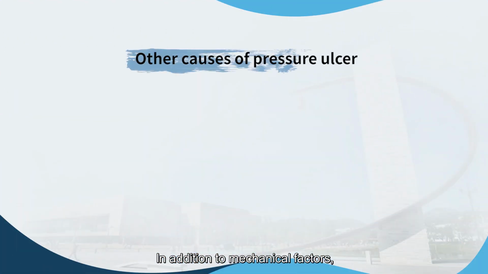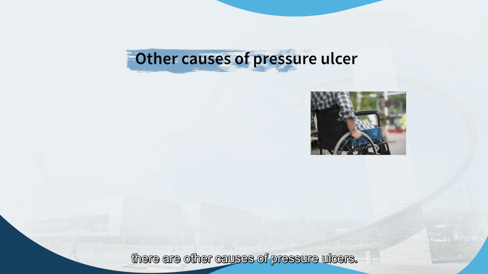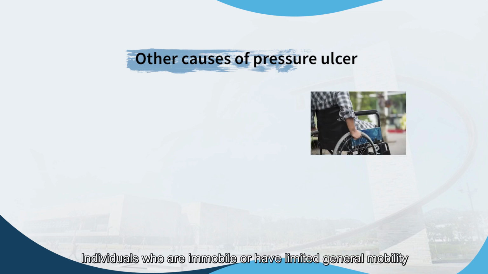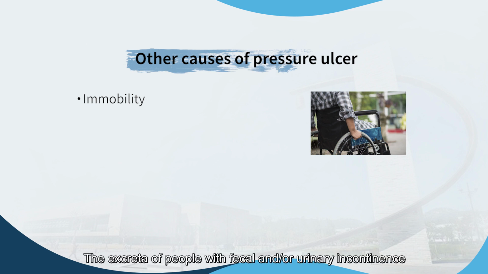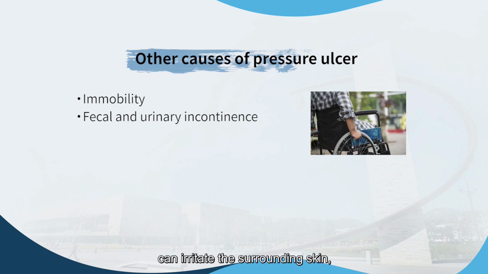In addition to mechanical factors, there are other causes of pressure ulcers. Individuals who are immobile or have limited general mobility are predisposed to pressure ulcers. The excreta of people with fecal and urinary incontinence can irritate the surrounding skin, making them prone to skin breakdown and infection.